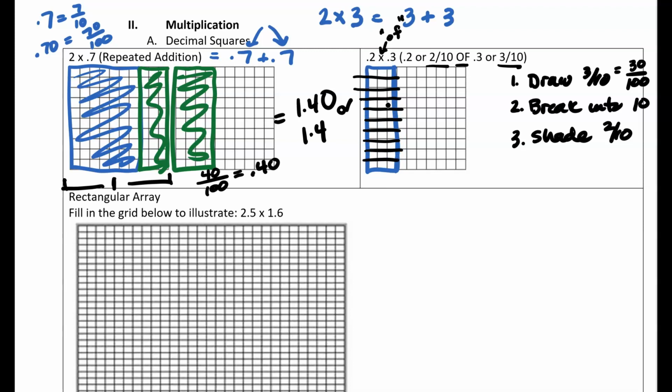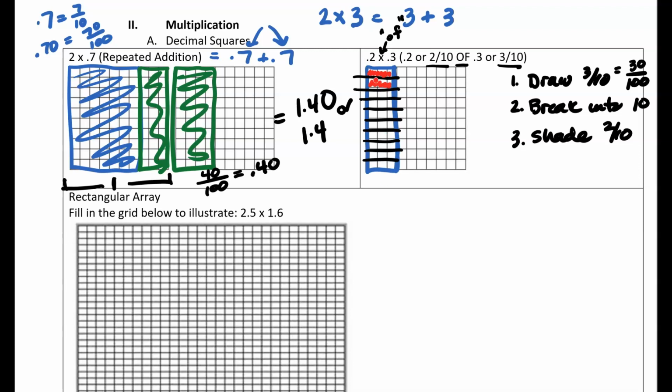So there's 10 little rows there, and so I want to shade 2 of them. So I'm going to get a different color, and I've got 1 and 2. So let me just back up. We want to take 2/10 of 3/10. So I drew 3/10 and then I'm going to shade 2/10 of it.